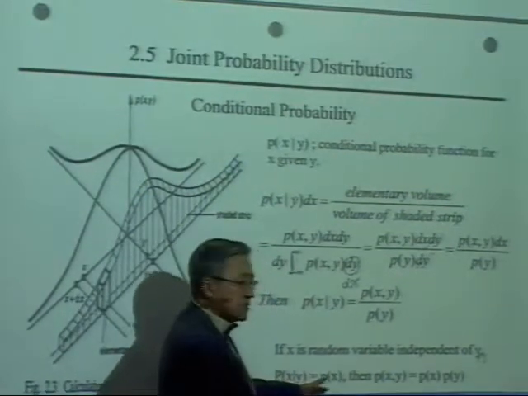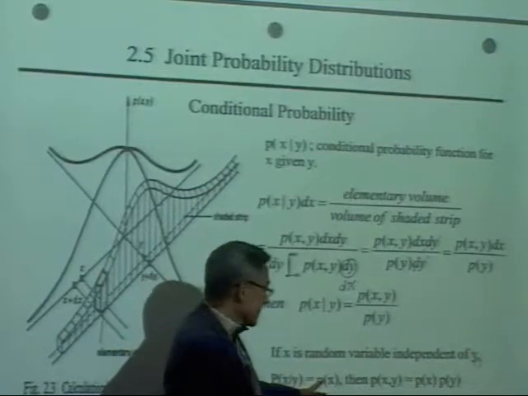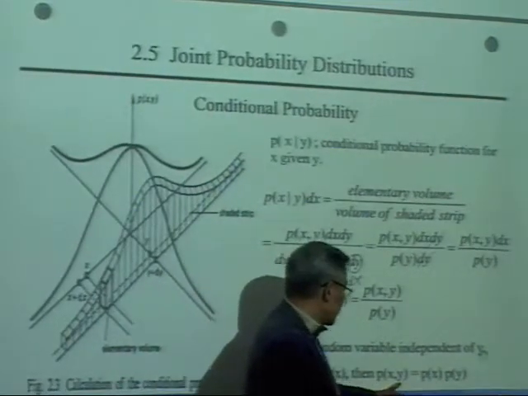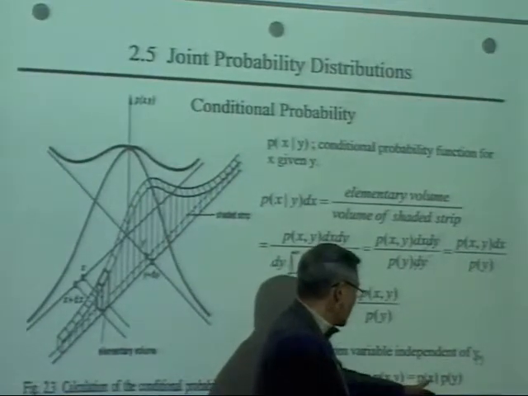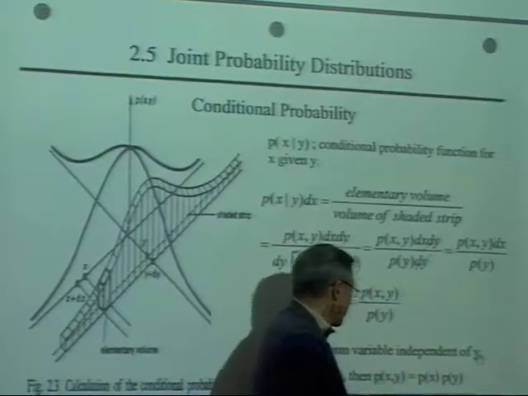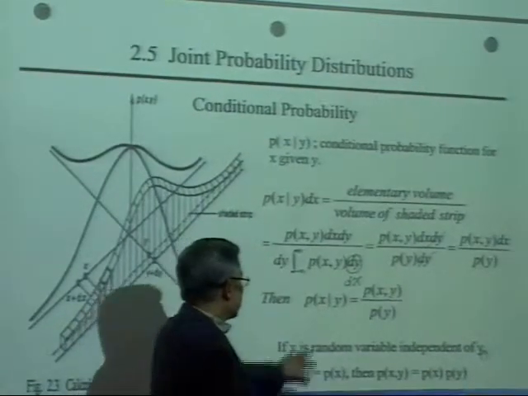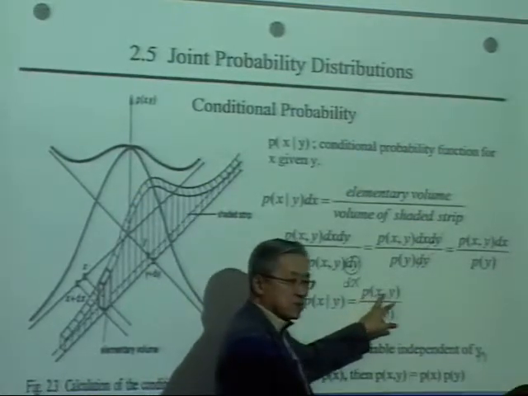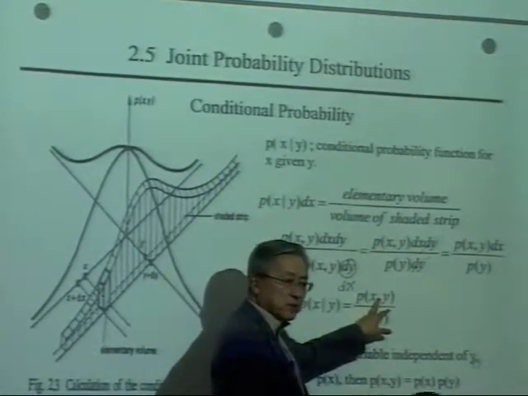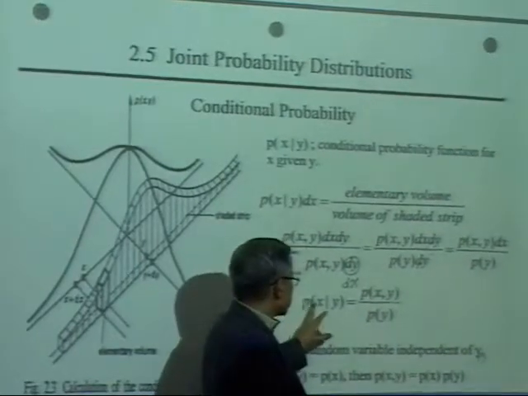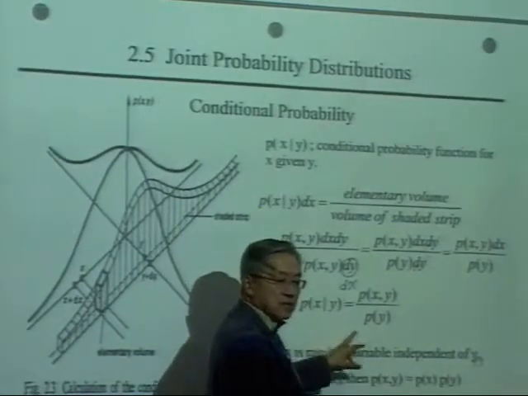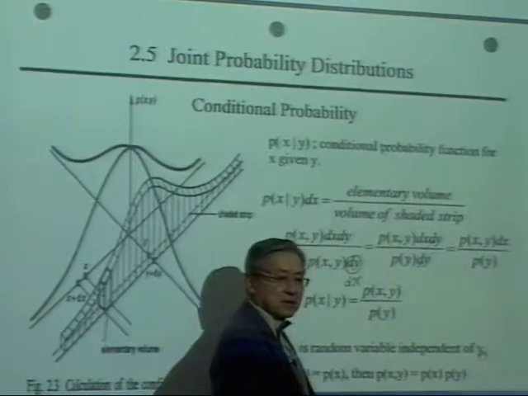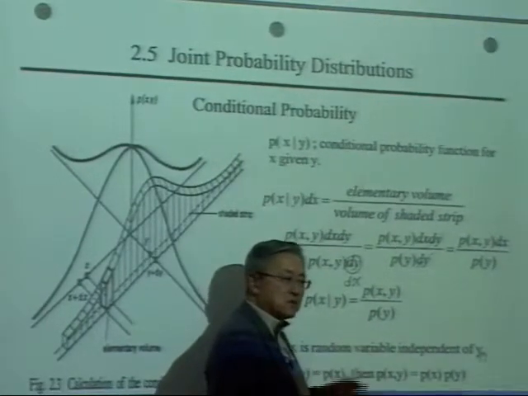Then p(x,y) is p(x) multiplied by p(y). But if it's a conditional probability, then the joint probability density function p(x,y) is p(x|y) times p(y).